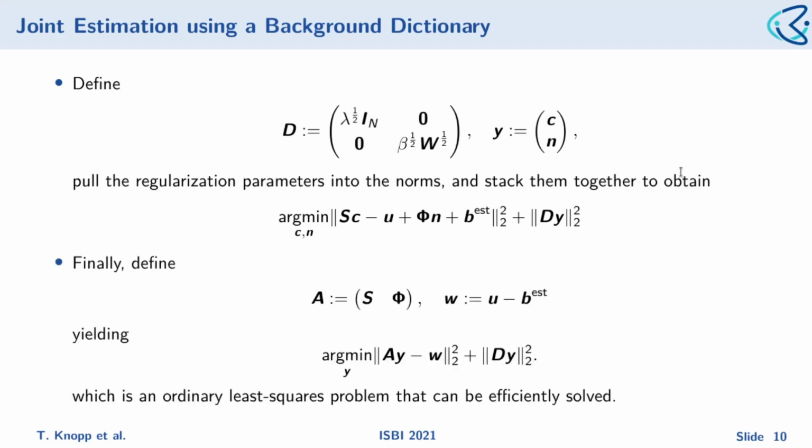Then we vertically stack the matrices S and phi and introduce the vector w, which then allows us to express the problem as A times y minus w in the L2 norm plus D times y also in the L2 norm. And this is an ordinary least squares problem that can be efficiently solved.